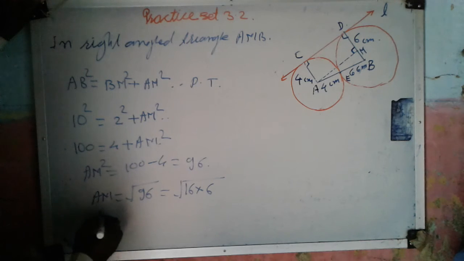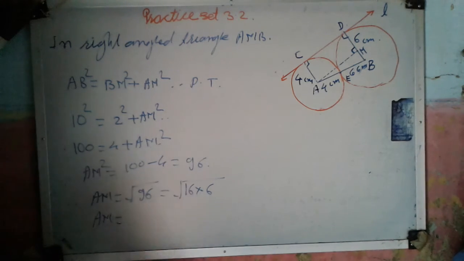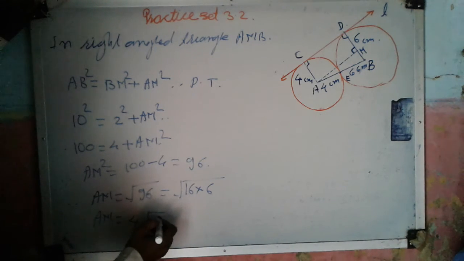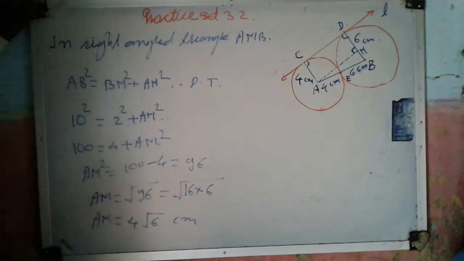Therefore, AM is equal to, square root of 16 is 4. So AM is equal to 4 under root 6 centimeter. But we have to find CD.